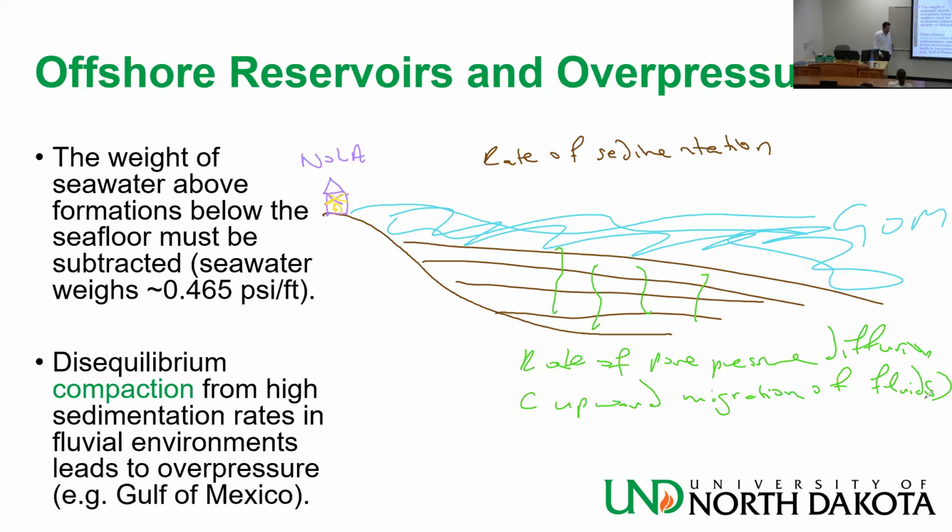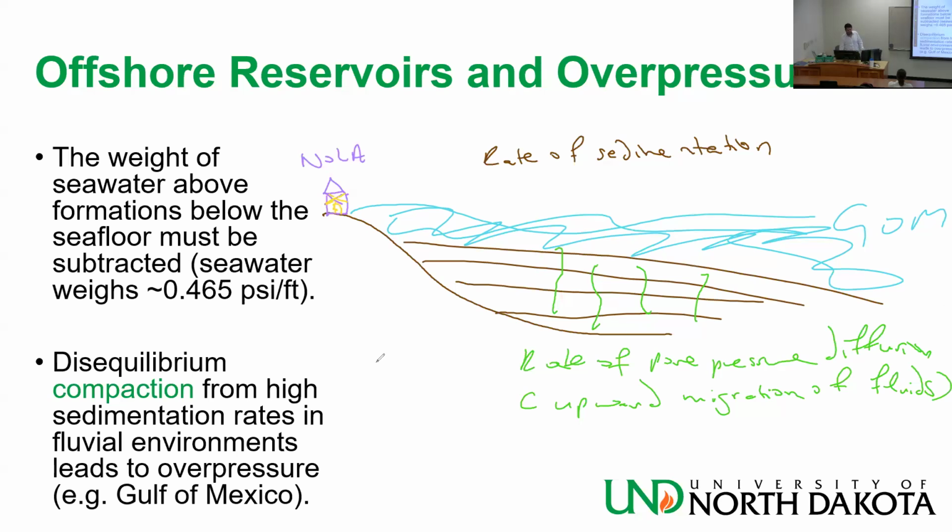But imagine the fluid is in the pores of the rock underneath, and you add overburden on top of it. You compact it faster than the fluid can be released, because when the fluid enters the seawater, it gets released, right? Pore pressure will go down, but the pore pressure goes up faster than when it goes down.